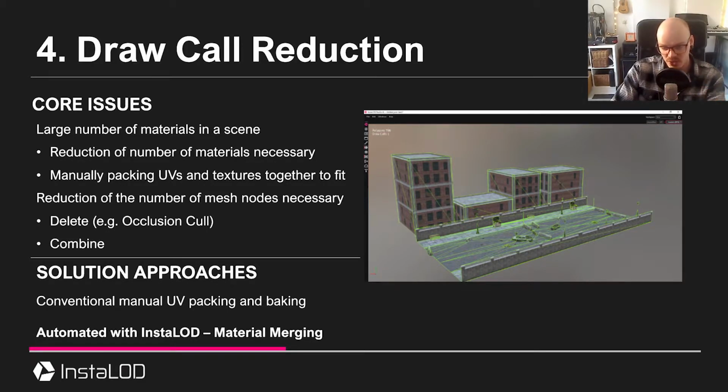All of the input textures also get baked together into texture atlases, which also optimizes the amount of textures and the texture pool. So that also kind of draws back into number 2 here. But then after we've done the material merge, we can also combine objects together and end up with one object with one material, resulting in one single draw call. So yeah, those are the different steps that we're going to have a look at today.